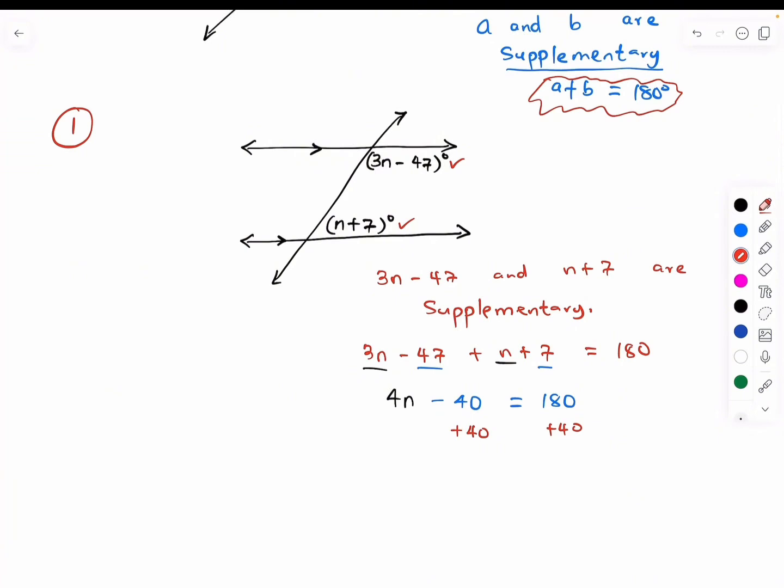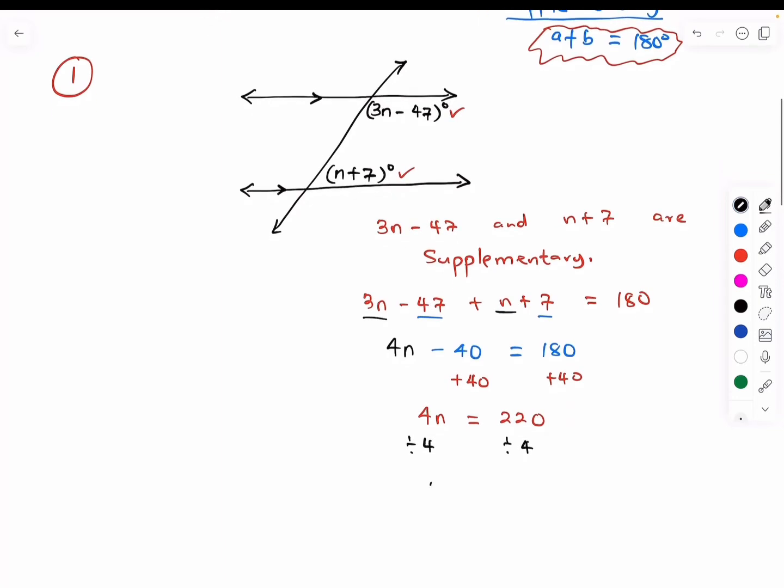Then I have 4n equal to 220. The next thing is to divide both sides by 4. If I divide both sides by 4, my n will be 55.